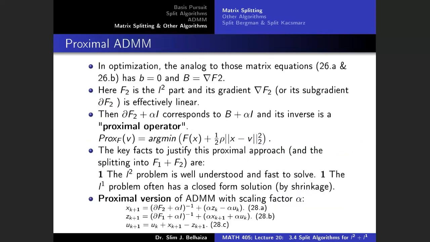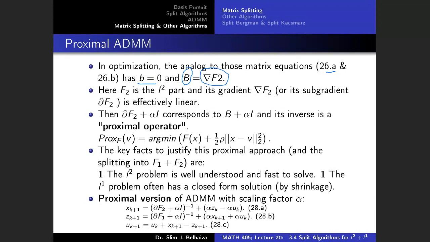Okay? So let me try to wrap it up. So the new version of the ADMM. In optimization, the analog to those matrix operations we've seen in 26A and 26B, with the split of A into B and C, has B equal to 0 and capital B equal to the gradient of F2.